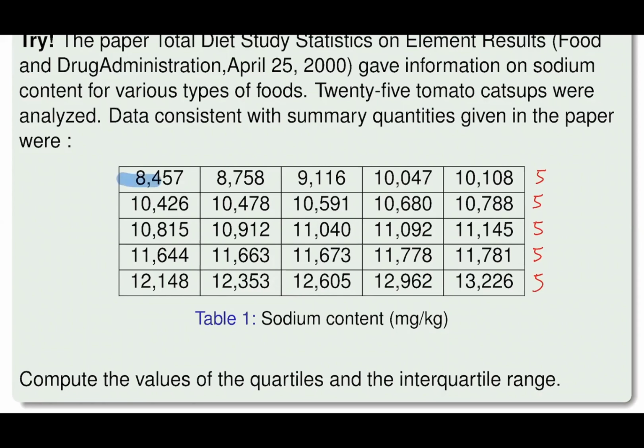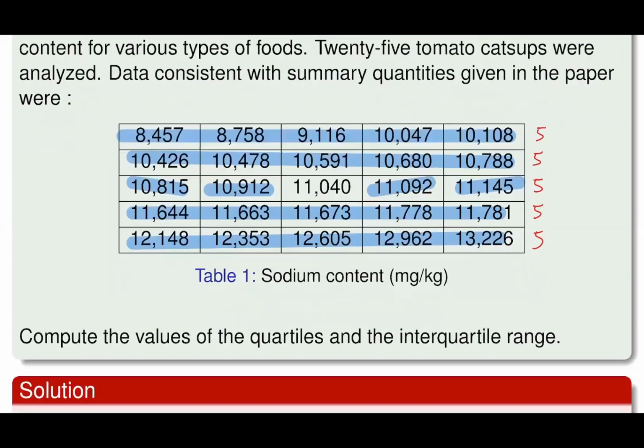If I cross out this row, you cross out this row too. If I cross out this row, I cross out this row. Then I cross out this number, you cross out this number, and now the number in the middle is 11,040.